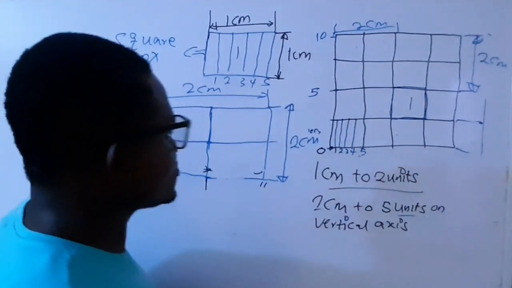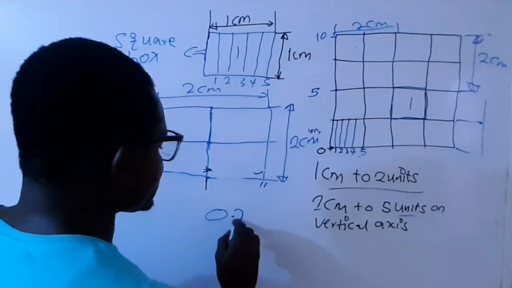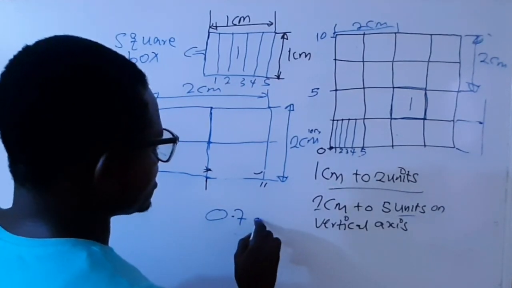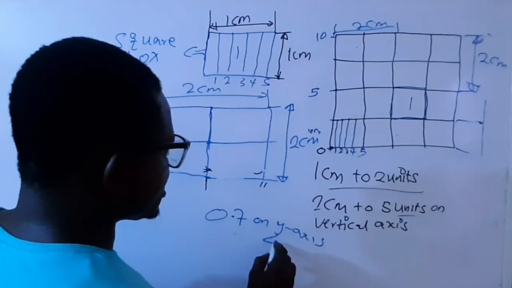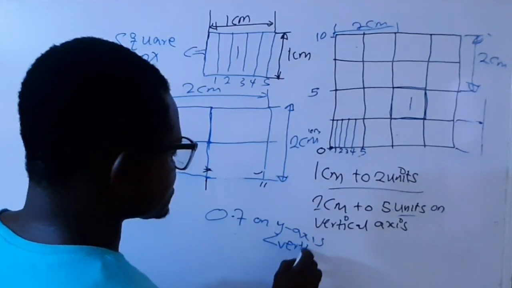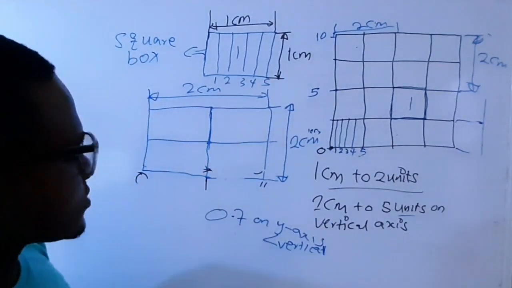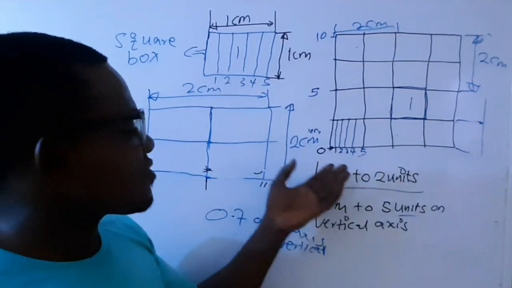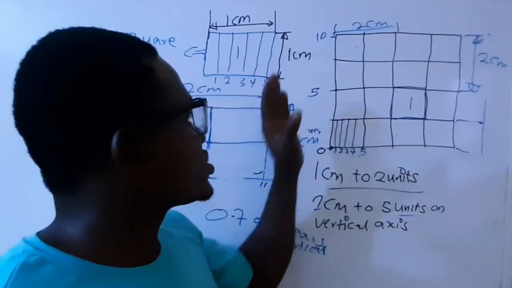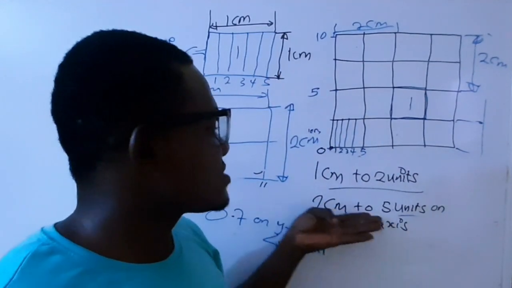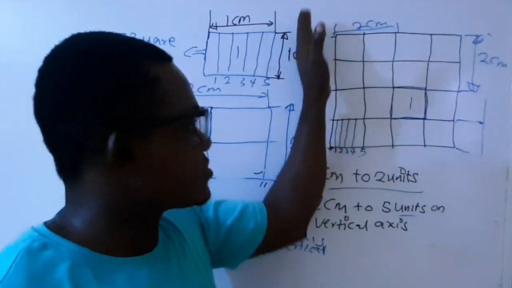Let's say we are looking for 0.7 on the y-axis. Don't forget that the y-axis is the vertical axis. So you've already produced your scale on the graph by 2 centimeters to 5 units, which we have done on this vertical line.